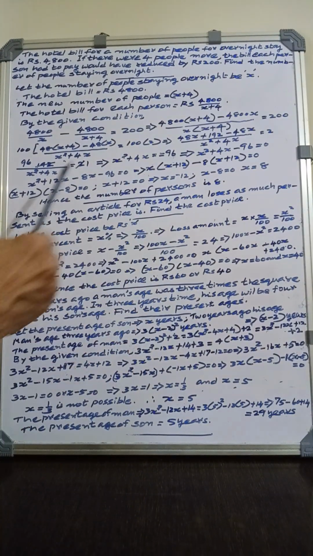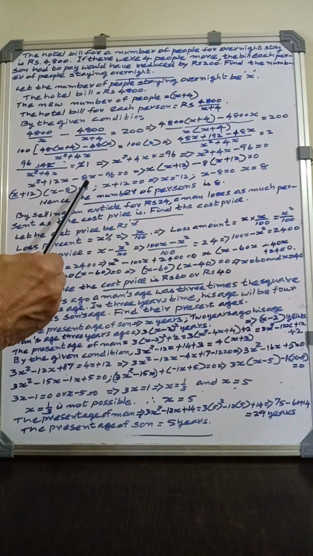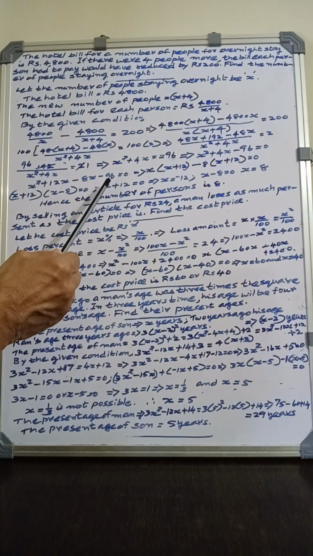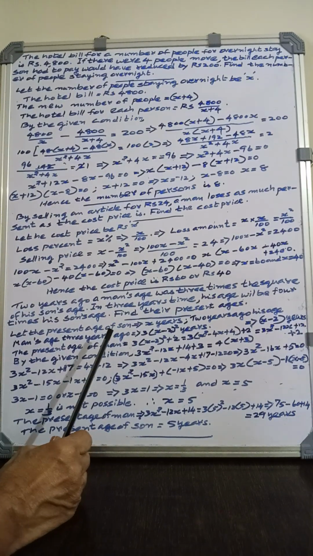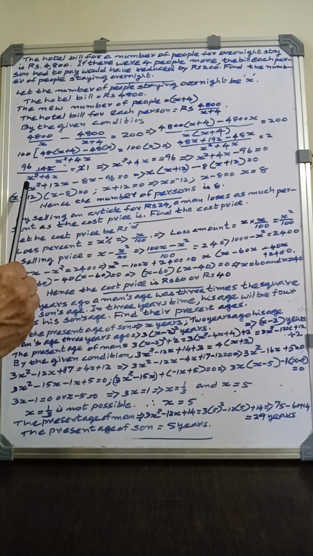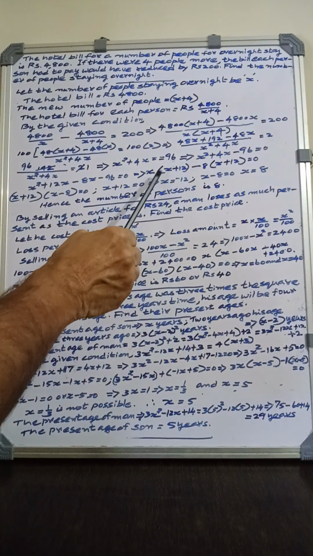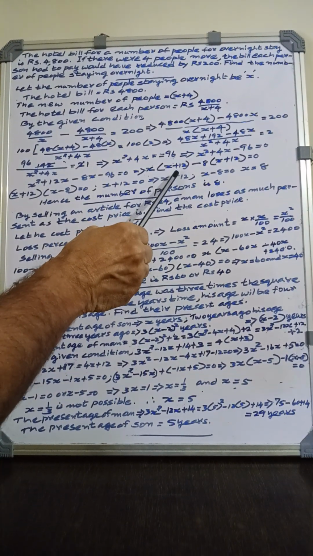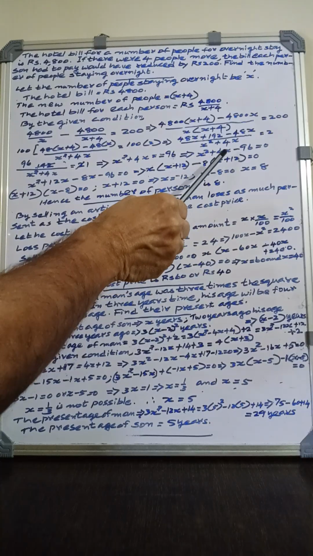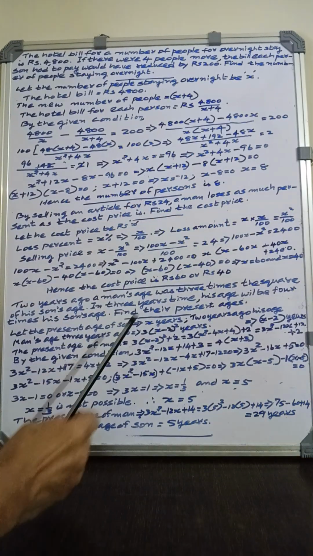Then we can split the middle term as x squared plus 12x minus 8x minus 96 equals 0. Taking the common factor, x into x plus 12 minus 8 into x plus 12 equals 0.